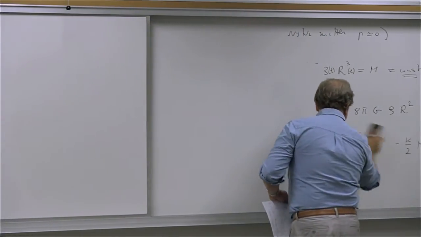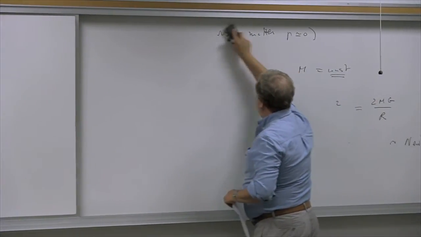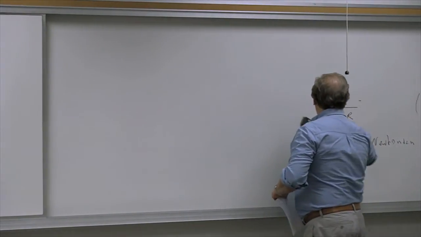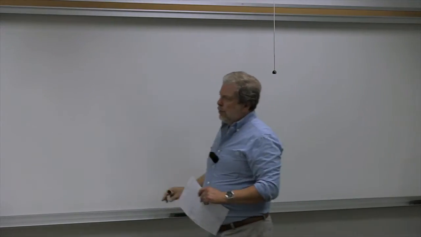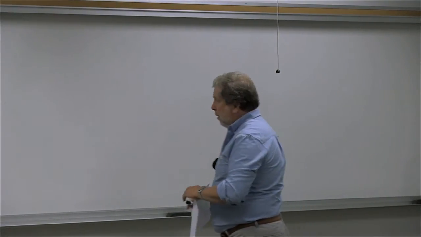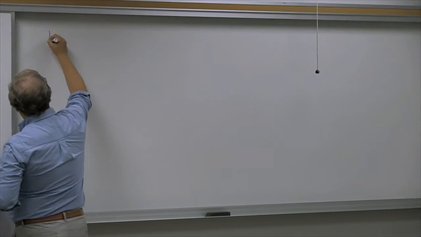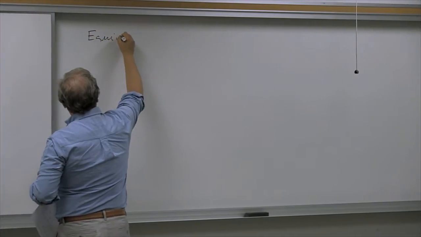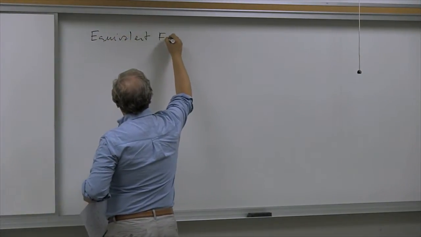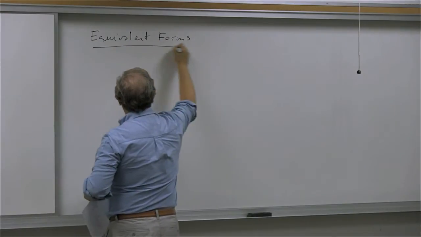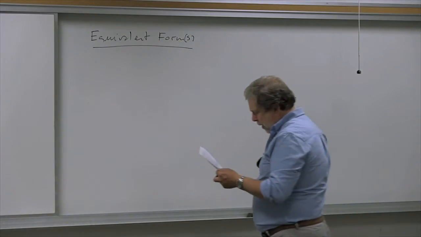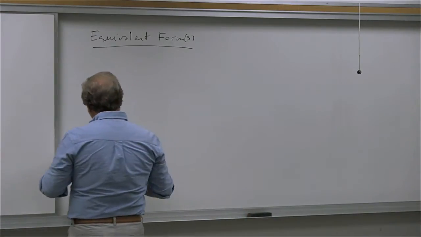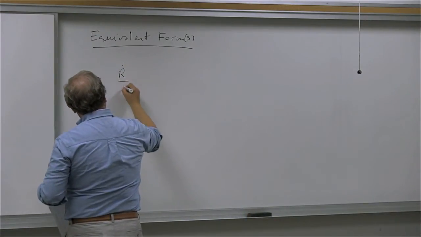So let's look at an equation that just gives the acceleration. I'm going to leave those equations on the other board, and let me write some equivalent form for it. Equivalent form is that we can write r dot over r.